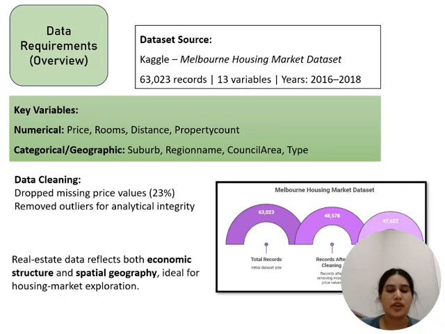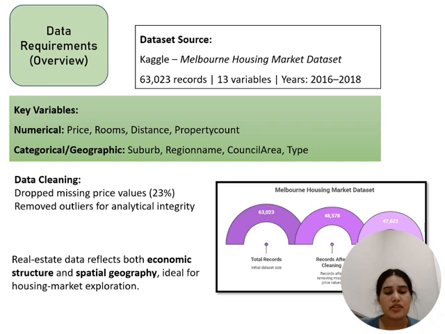Slide 3. Data source. The dataset comes from Kaggle Melbourne housing market files. It includes over 63,000 properties recorded with both numeric and geographic attributes such as price, rooms, distance, suburbs, and council area.